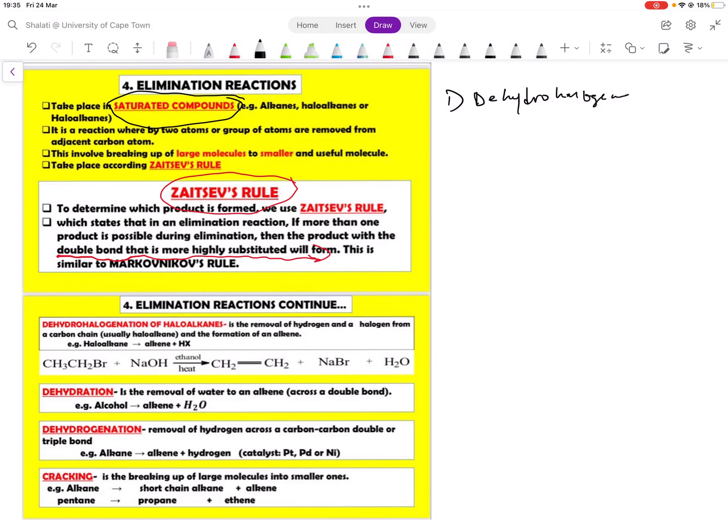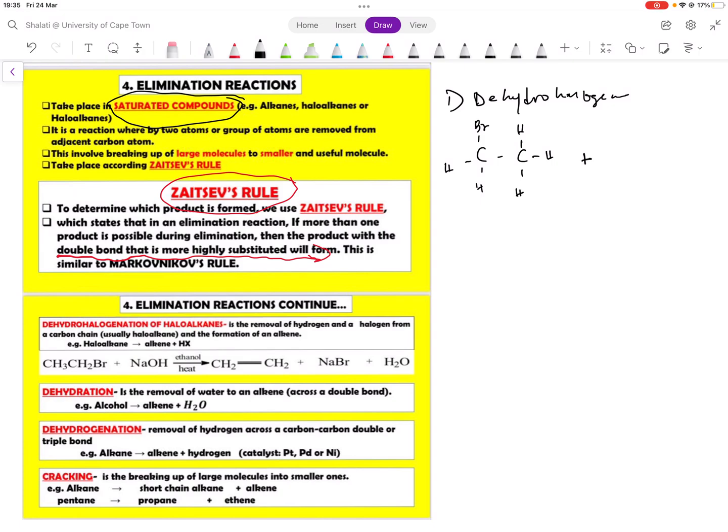So I'm going to start with a haloalkane. In this example, I'm going to use 1-bromoethane. So 2 carbons, 1 bromo, and then 2 hydrogens and 3 hydrogens.